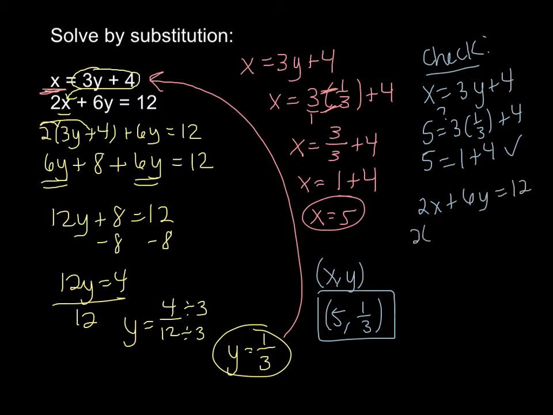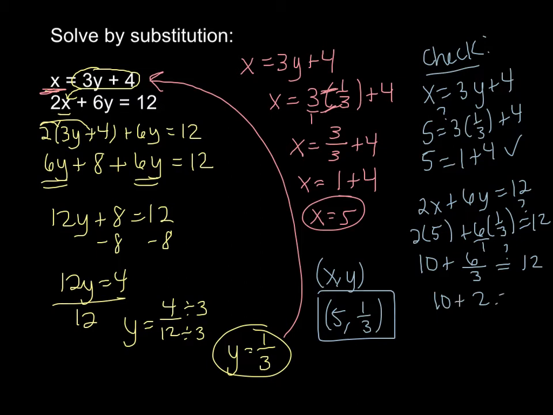So I have 2 multiplied by 5 add 6 multiplied by 1/3. I want to know if that's equal to 12. 2 multiplied by 5 is 10. 6 multiplied by 1/3, it's 6 over 1, is 6 divided by 3. So I get 10 add 2 equals 12. Both equations work, so this is my final answer.